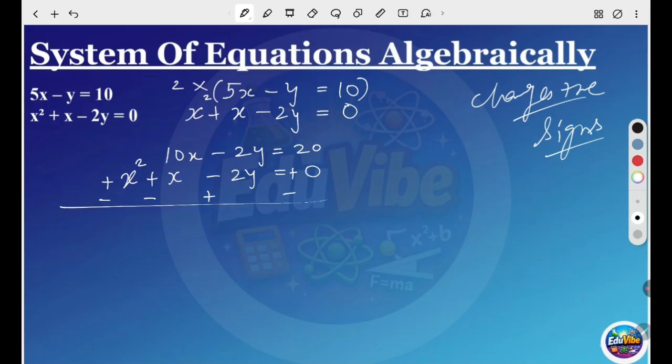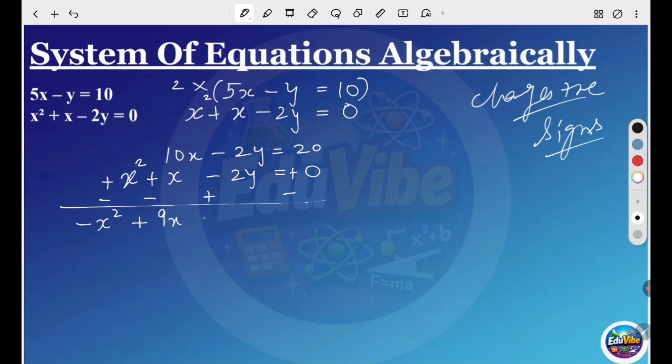So we have to solve this now. x square remains x square but should be in minus now. Ignore the signs which are there. Like these signs should be ignored now. So here we get 10x minus x, we get plus 9x. This is minus 2y and plus 2y, so get rid of this.